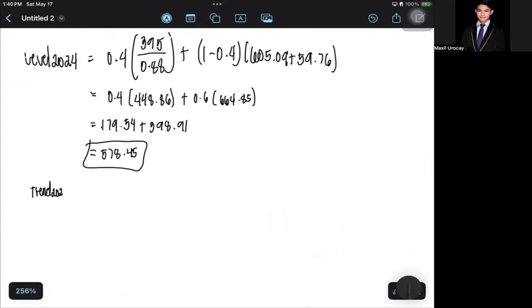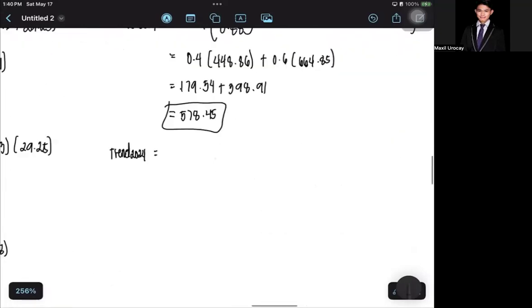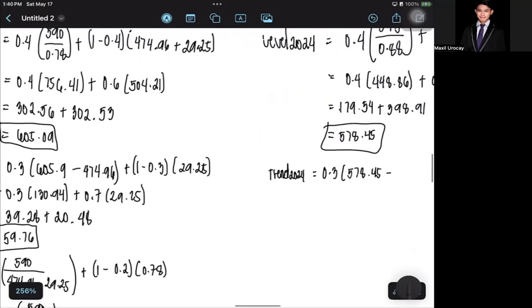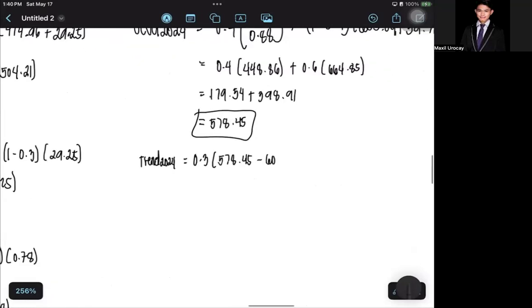Then you will also get the trend of 2024, where your beta is 0.3. Your current level right now is 578.45, minus the previous level, which is 605.09.